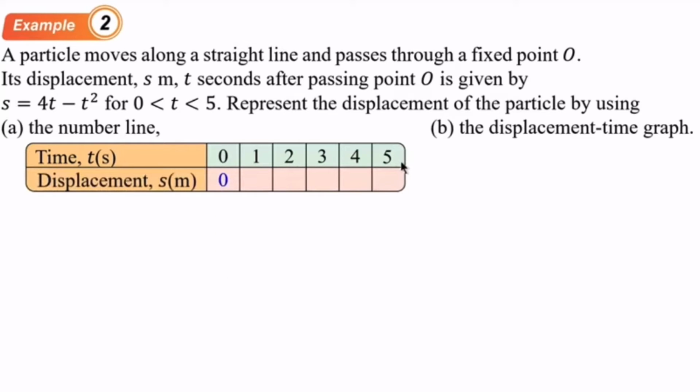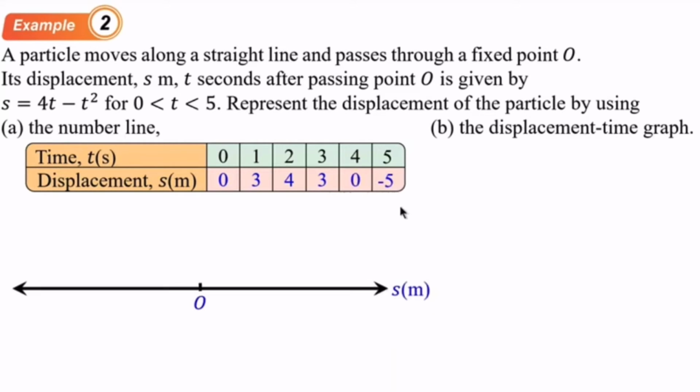When t is 0, we substitute, we get 4 times 0 minus 0, so we get 0 for the displacement. When t is 1, we get 4 times 1 minus 1 squared, which is 3. At t equal to 2, displacement is 4. At 3, displacement is 3. And at 5, it is negative 5.